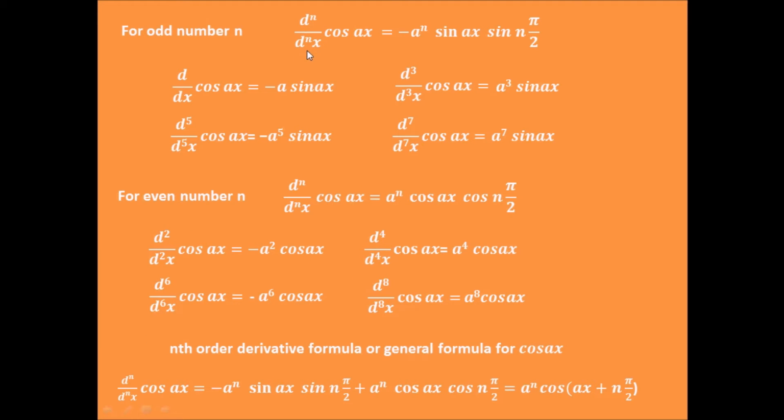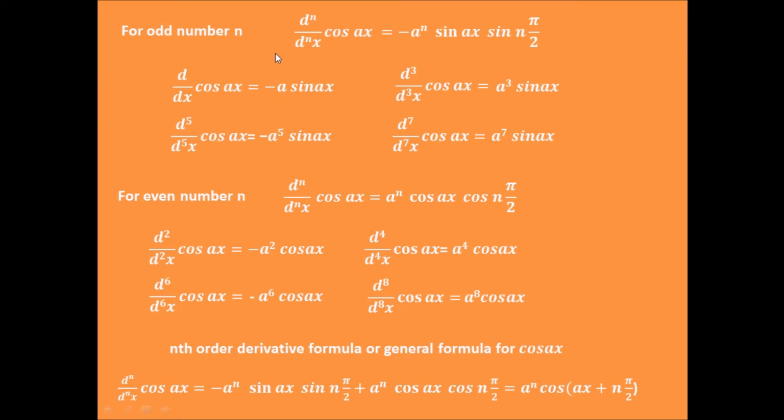The nth order derivative of cosine ax equals minus a to the power of n times sine ax times sine n pi divided by 2. We can verify this assumption by using the previously determined 4 derivatives.